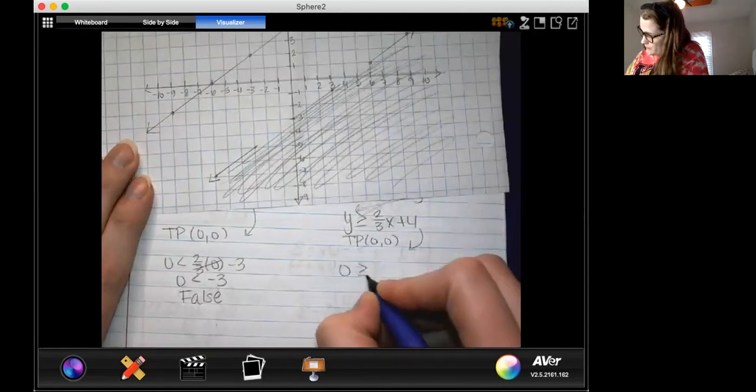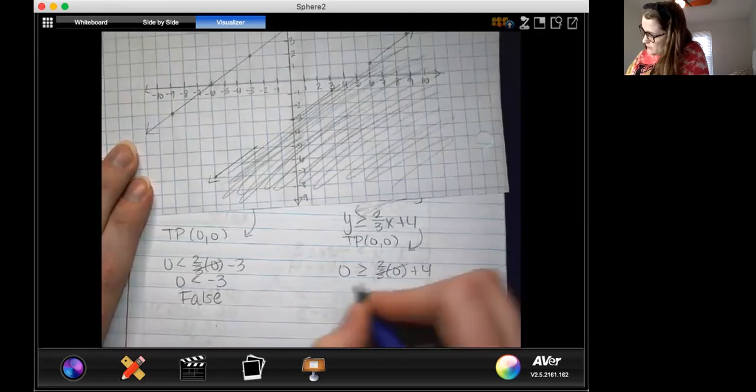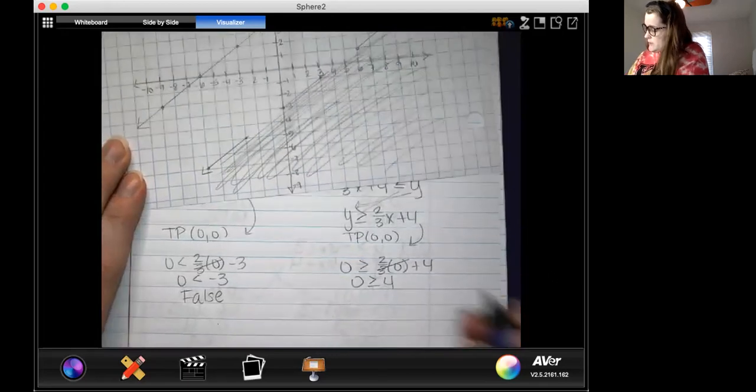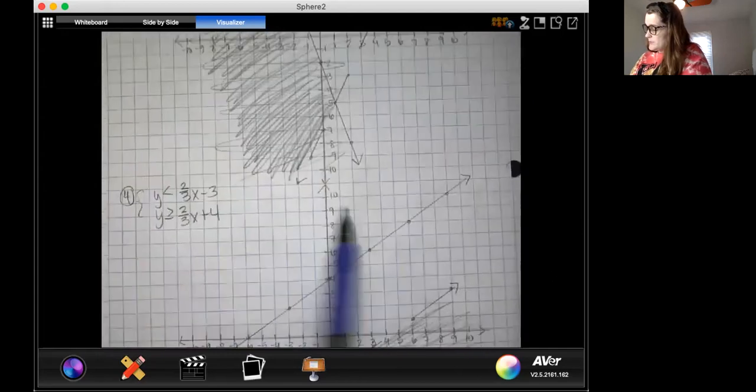Is 0 greater than 2/3 times 0 plus 4, or is 0 greater than 4, which is again false. So therefore I shade on the opposite side.